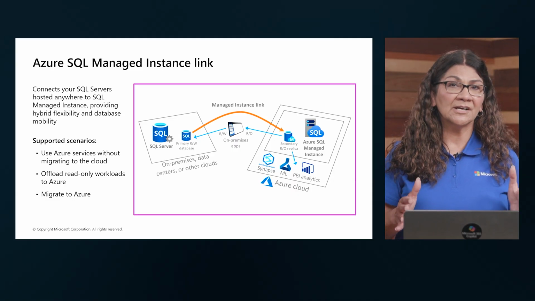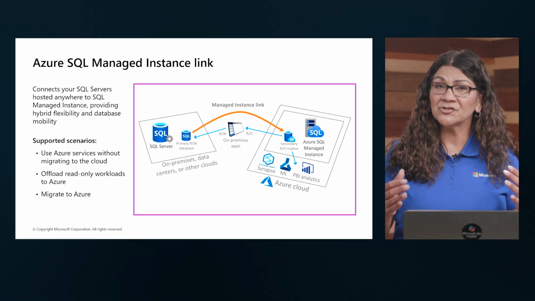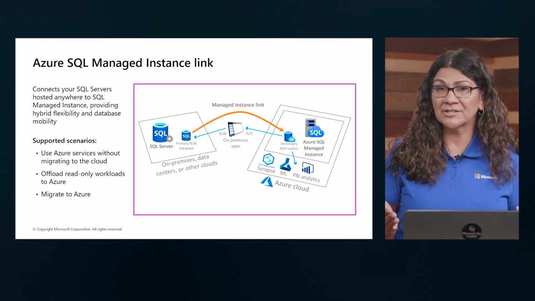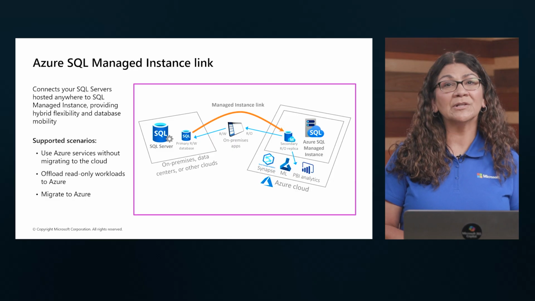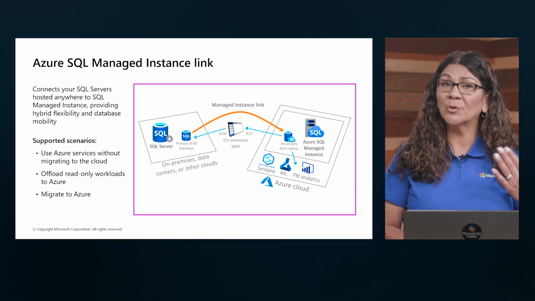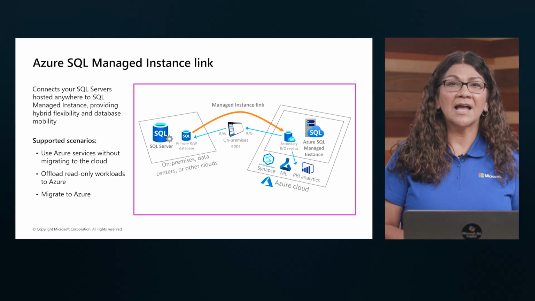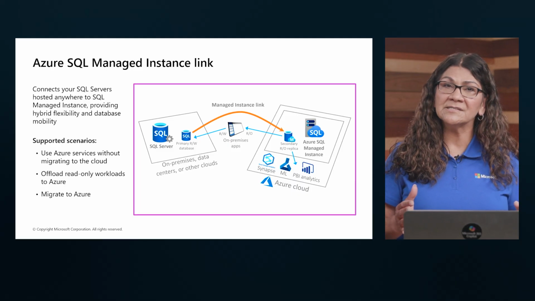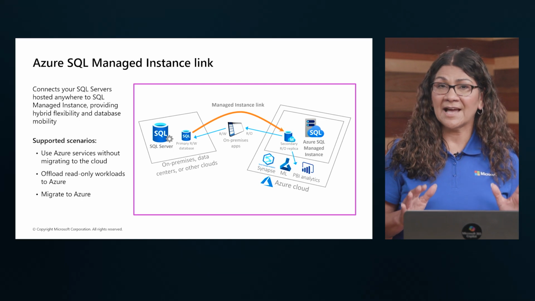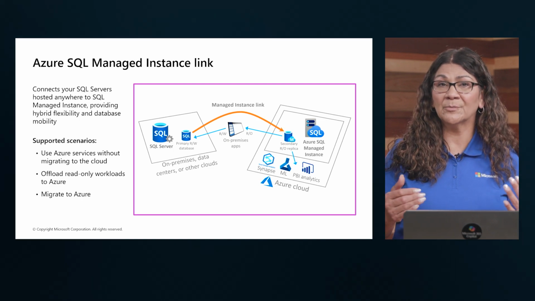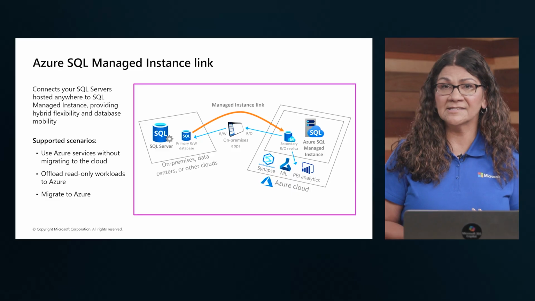It supports scenarios like using Azure services without full migration, offloading read-only workloads, and even enabling disaster recovery or gradual migration into Azure. Azure services like Synapse, Power BI, machine learning, all of these can access that replicated data for analytics and insights.